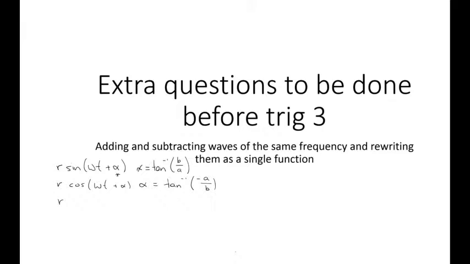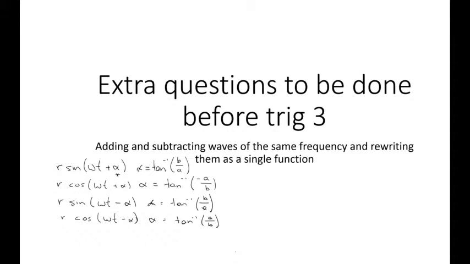If you're asked to write it in the format r sine omega t minus alpha, alpha is equal to the inverse tan of b over a, and if it's in the format of r cos omega t minus alpha, alpha is found by that.